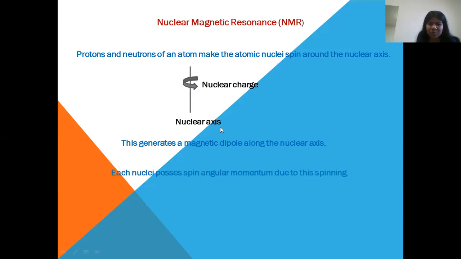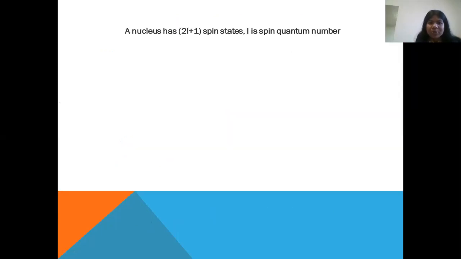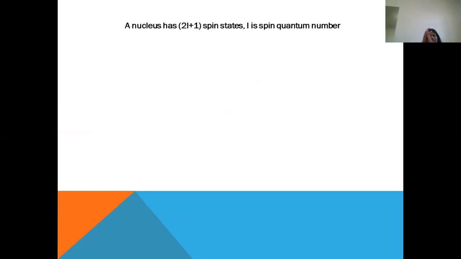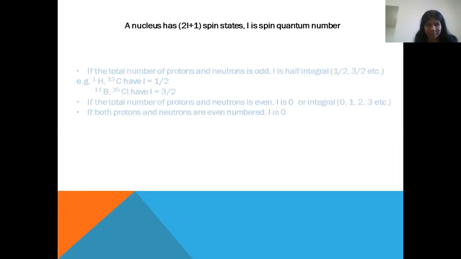And each nuclei possesses a unique spin angular momentum associated with this spinning. So the resultant of all the angular momentum of all nuclei within an atom is termed as the total nuclear spin. So a nucleus has 2I plus 1 spin states. I is the spin quantum number.